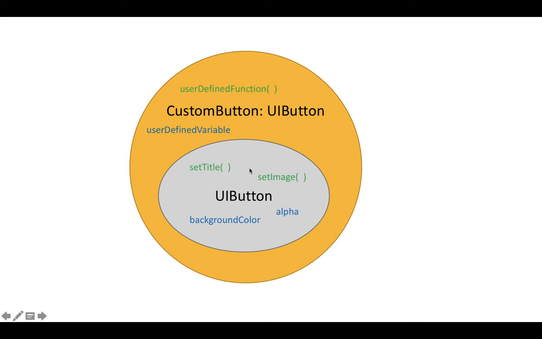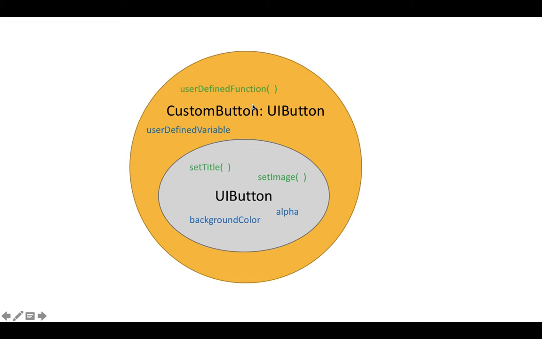So let's say I'm now trying to create a new class with the name CustomButton, and this subclasses UIButton. When I subclass UIButton, this CustomButton can actually have all the functionalities of UIButton. So I can call setTitle from CustomButton, and I can call setImage. I can also call backgroundColor and alpha from CustomButton.